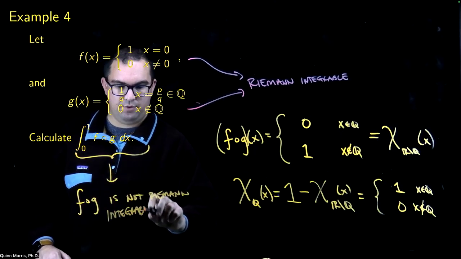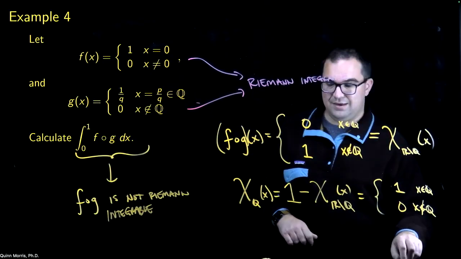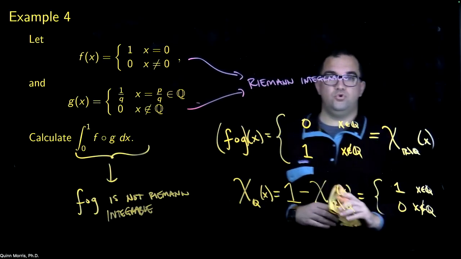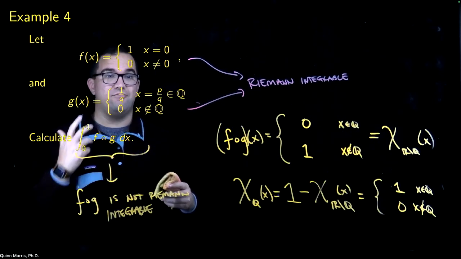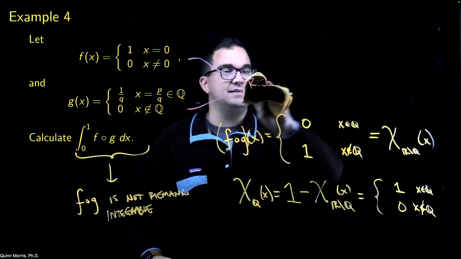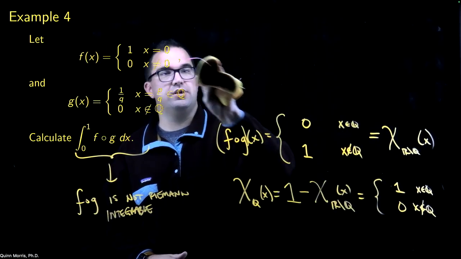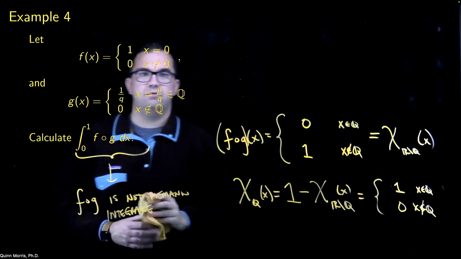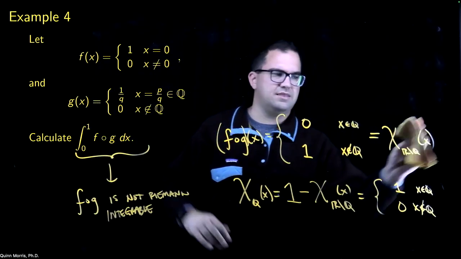So what this example illustrates is that it is possible to take two Riemann integrable functions, take their composition, but you get back a function which is not Riemann integrable. So Riemann integrability is not a property that is preserved by composition of functions. Okay. Now, typically when we see something like this, we start to say, okay, could I strengthen the requirements?